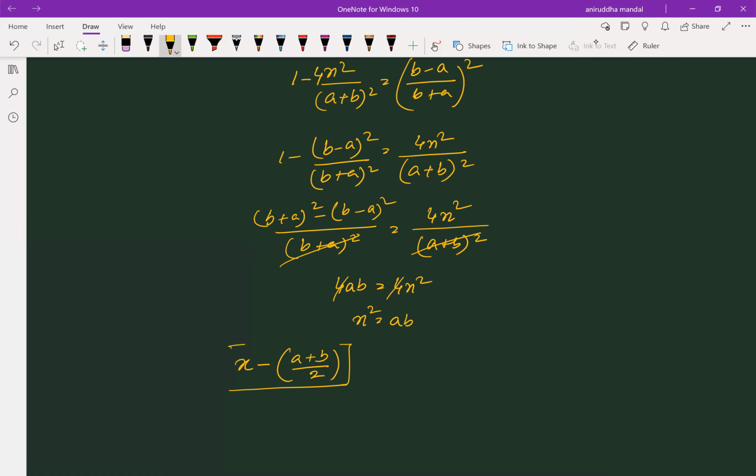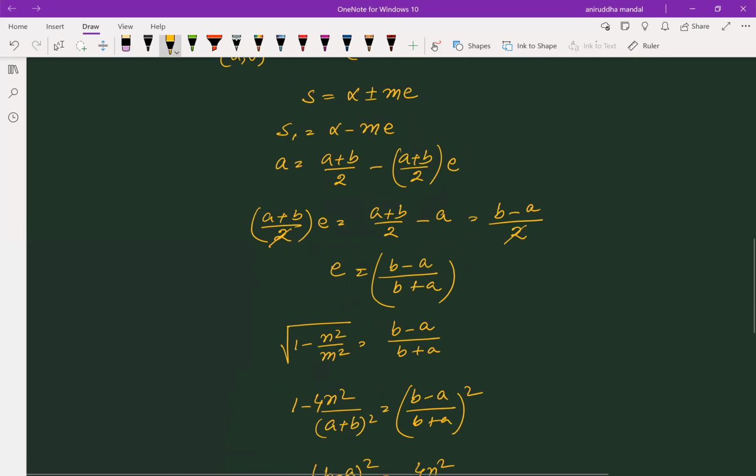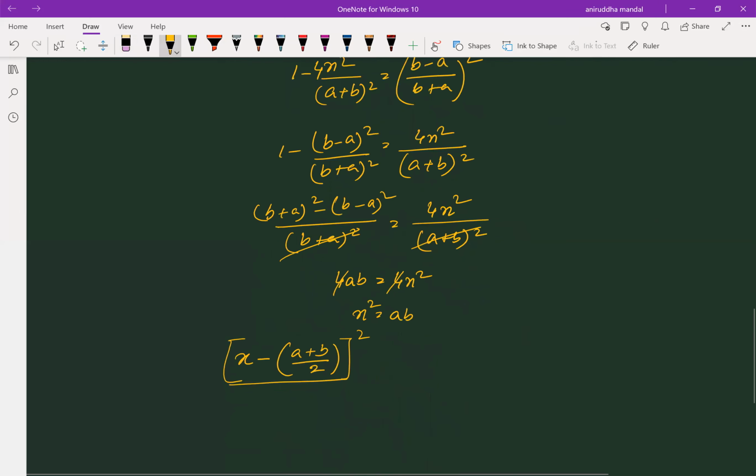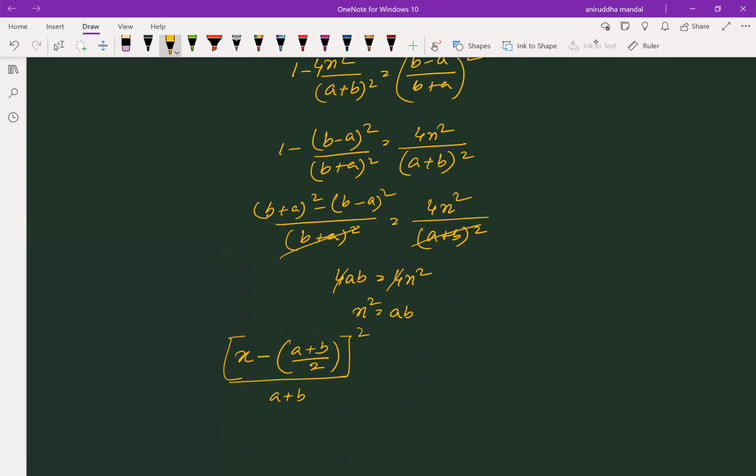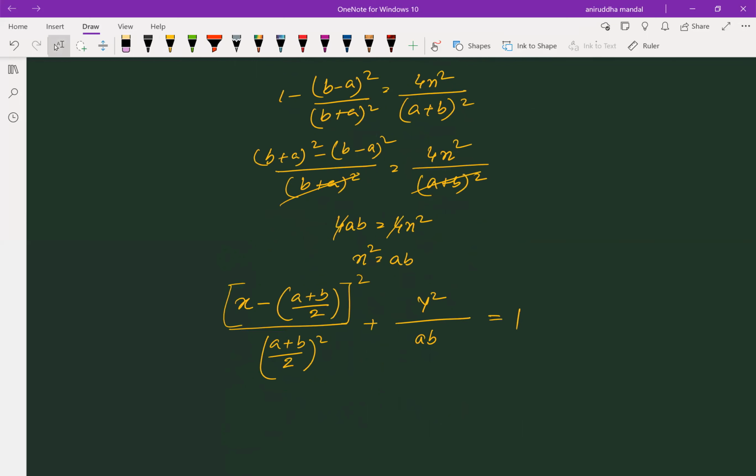This is (x minus alpha) whole square divided by m square, and m square is ((a plus b) by 2) whole square, plus y, beta is 0, so we just neglect it, divided by n square, which is ab. So the final equation of the ellipse is this.